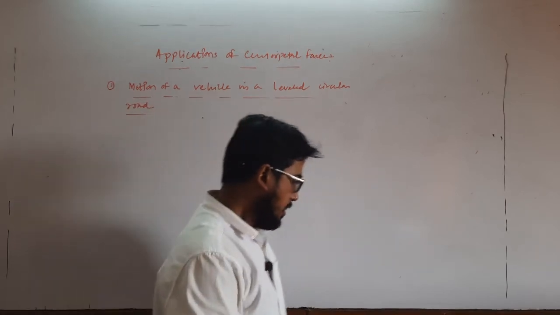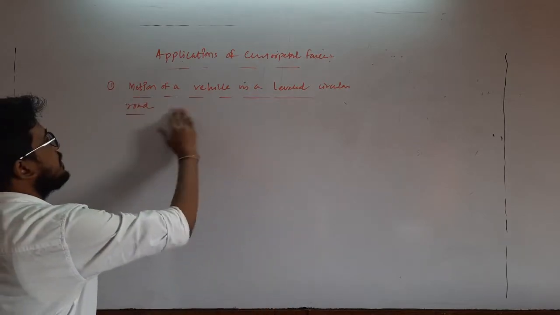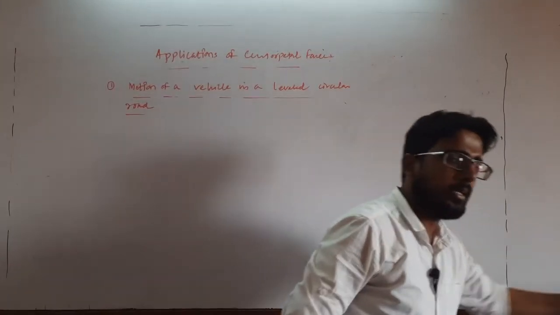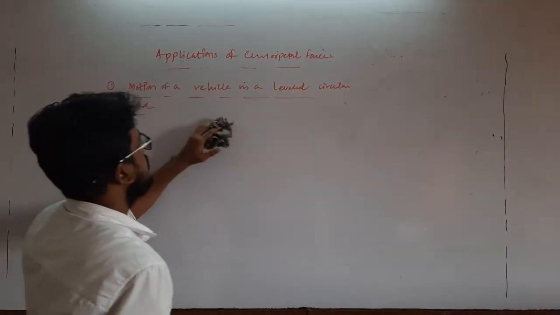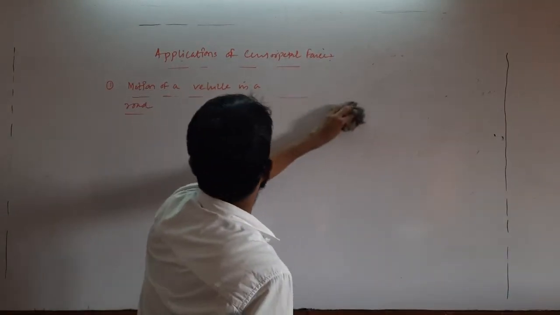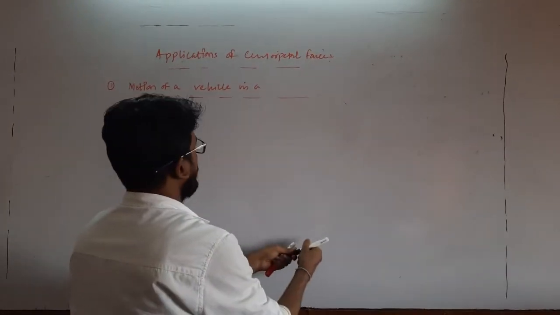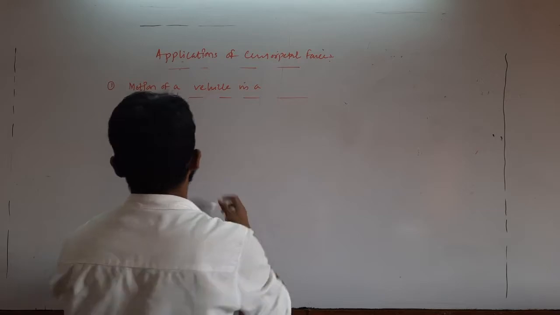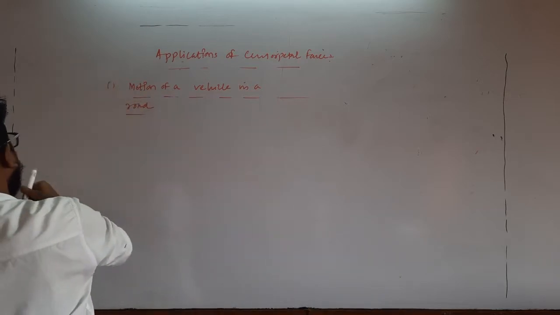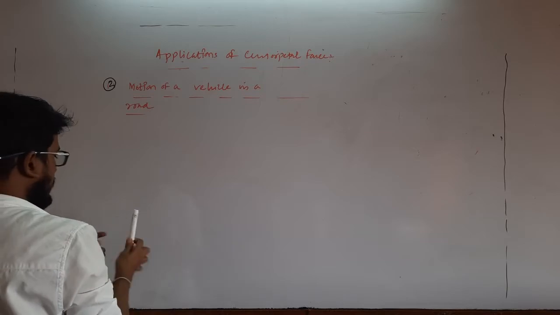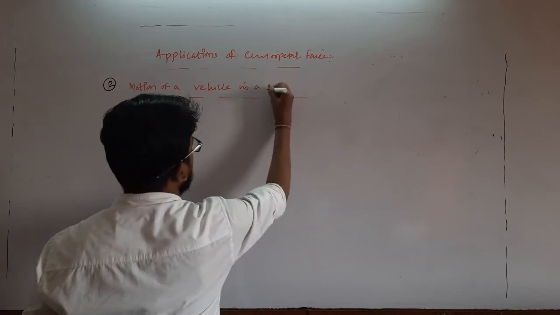That's why the road is a little bit inclined, and that is known as motion of a vehicle in a banked road. Okay, so motion of a vehicle in a banked circular road. So let's discuss the second application, that is motion of a vehicle in a banked circular road.